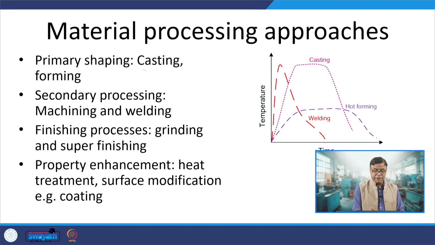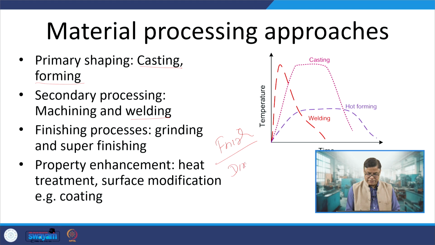When the product is made by casting, forming or by welding, we do not get very good surface finish. Similarly, the control over the dimensions is very limited. So, the dimension or you can say the tolerance realized is not very close.